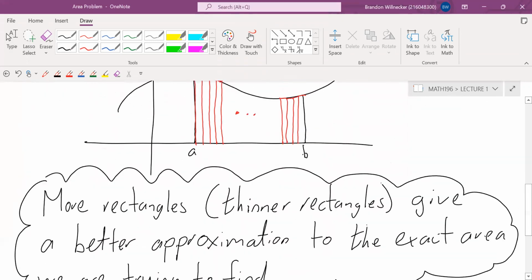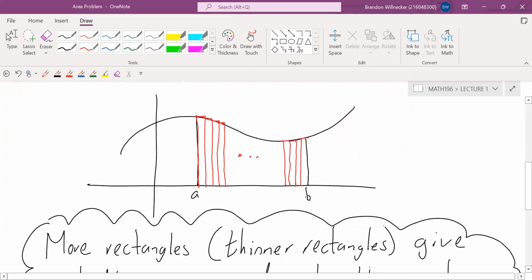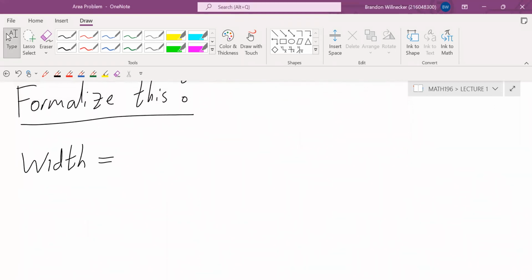Okay, so we've got an interval from A to B. So the width of the interval is going to be B minus A. That's going to be the length of the interval. If we are going to try and fit in n rectangles, then the width of each rectangle, remember we call that delta x, is going to be B minus A divided by n.